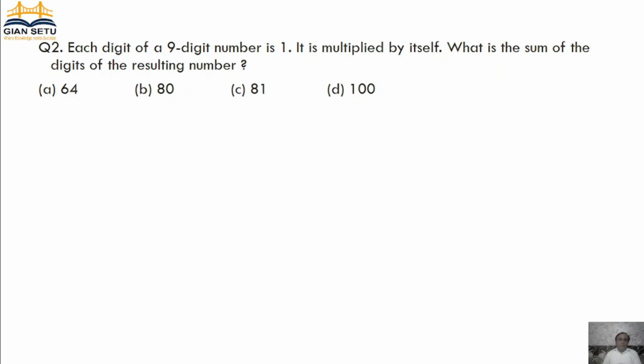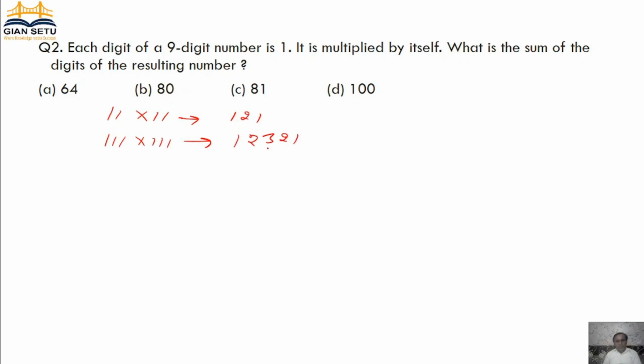Now if we closely observe the multiplication of a number which consists of all ones by itself, then it follows a certain pattern. For example, when we multiply 11 by 11, then the product is 121. Similarly, if we multiply 3 ones with 3 ones, then the product will be 12321.